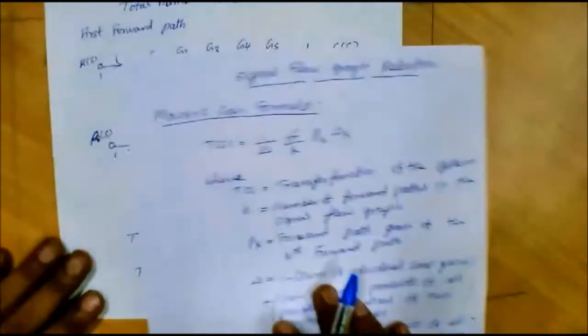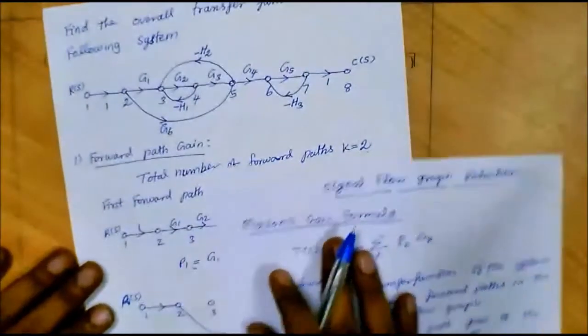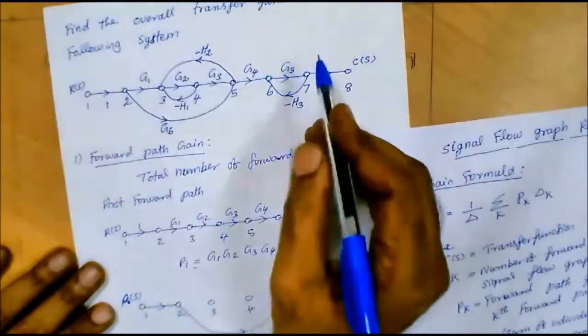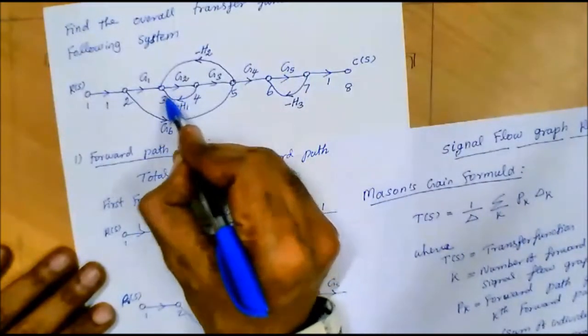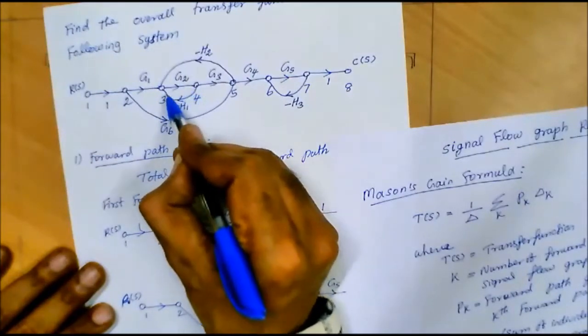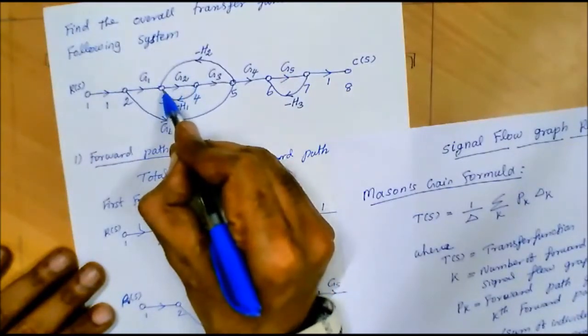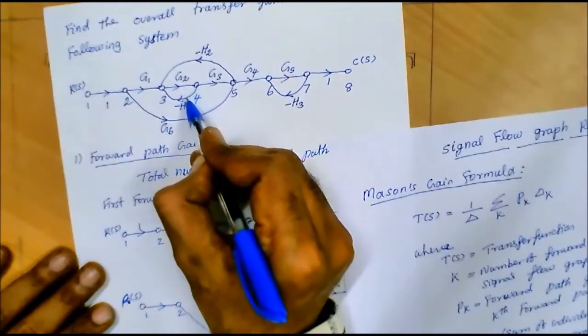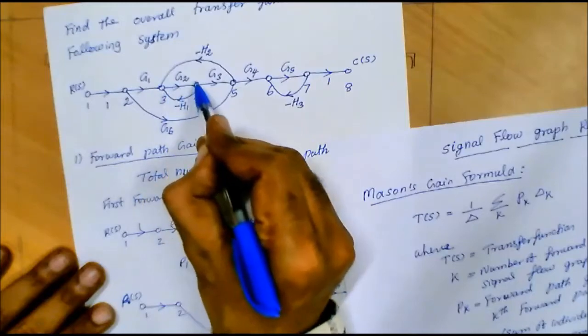We have to identify the individual loops in the signal flow graph. If you consider this signal flow graph, if we take nodes 3 and 4, we have a loop that starts from 3 and goes to 4 and then comes back to 3. So this forms one loop.